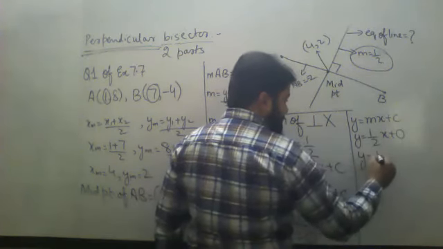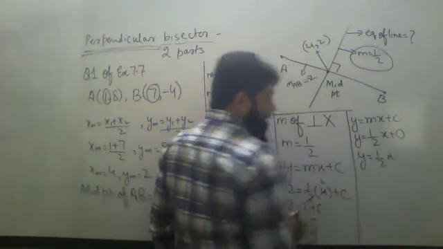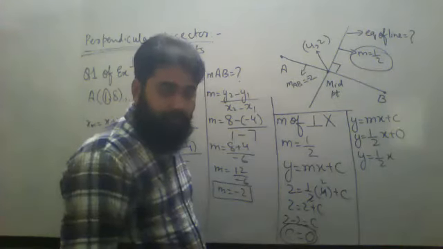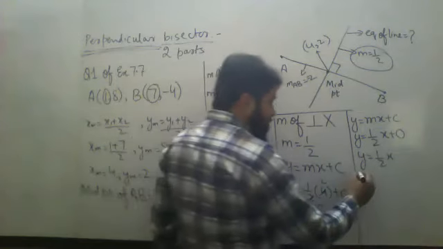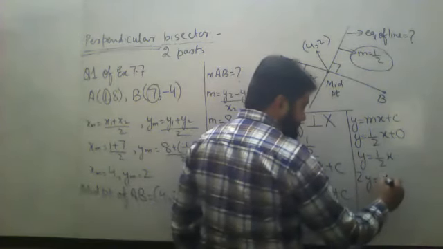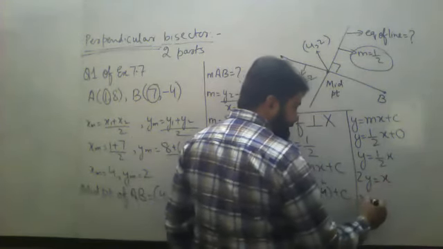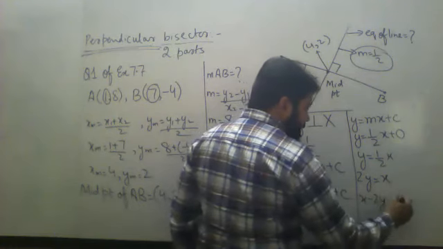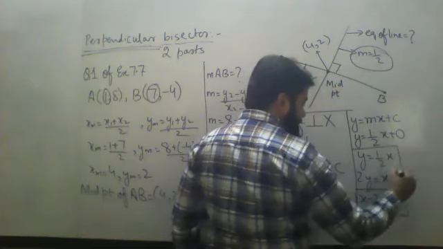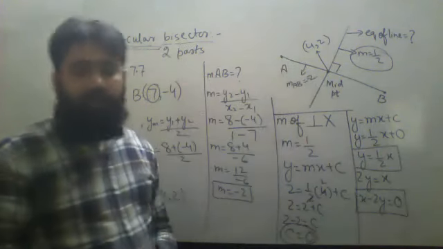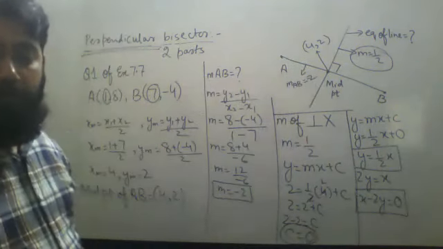So y equals half x can be your answer. Or if you want to simplify it further, 2y equals x, so x minus 2y equals 0. That can be your final answer. Otherwise, you can leave your answer as y equals half x for the equation of the perpendicular bisector.